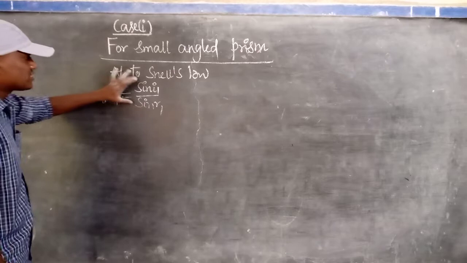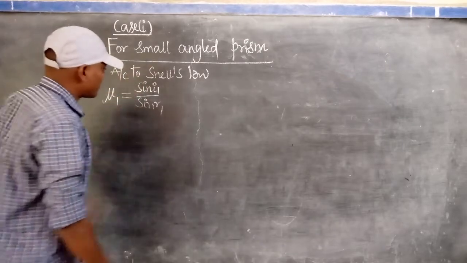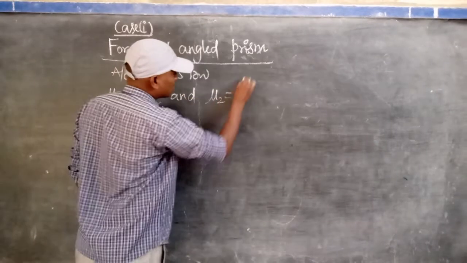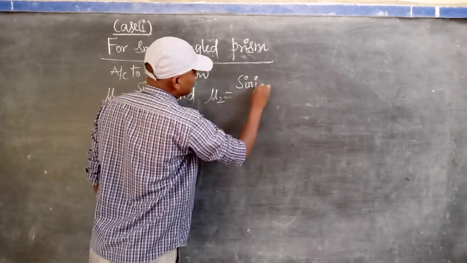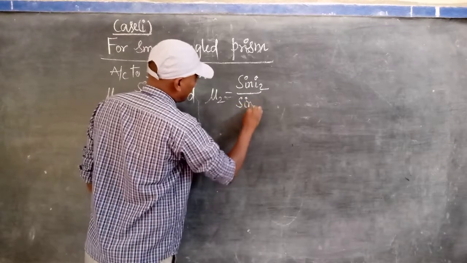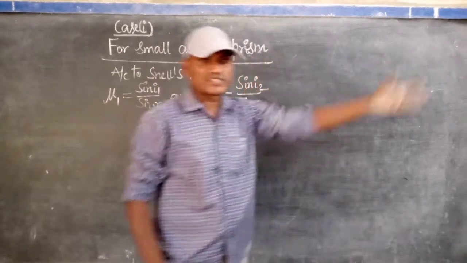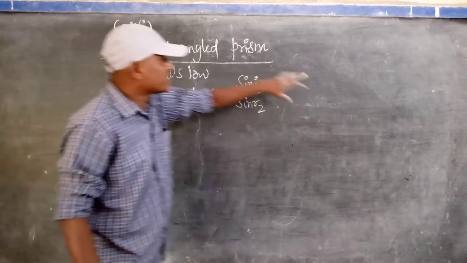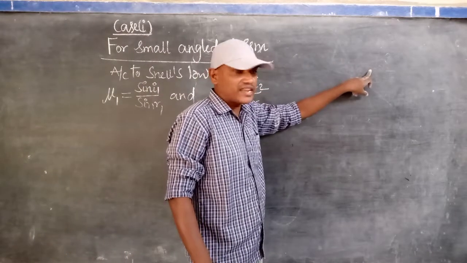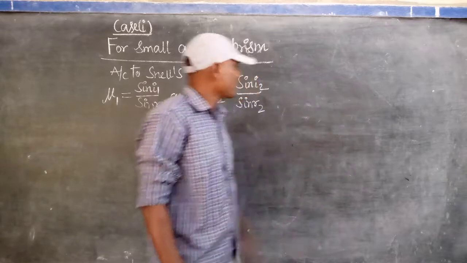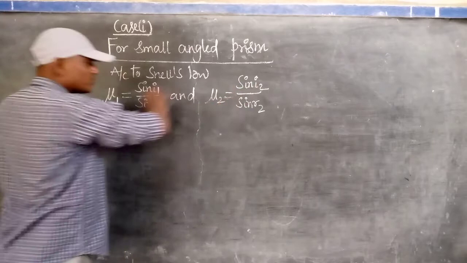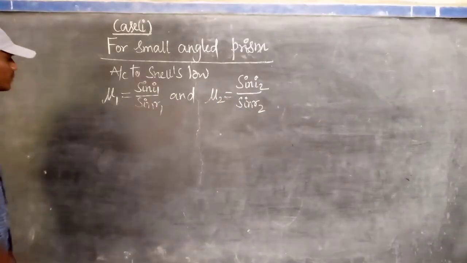That's why for the XY surface, mu1 is equal to sin I1 upon sin R1, and mu2 is equal to sin I2 upon sin R2 for the XZ surface, or according to the principle of reversibility. From the diagram we considered I1, I2, and R1, R2. For the first refraction, I1, R1, and for the second, I2, R2, according to the principle of reversibility.